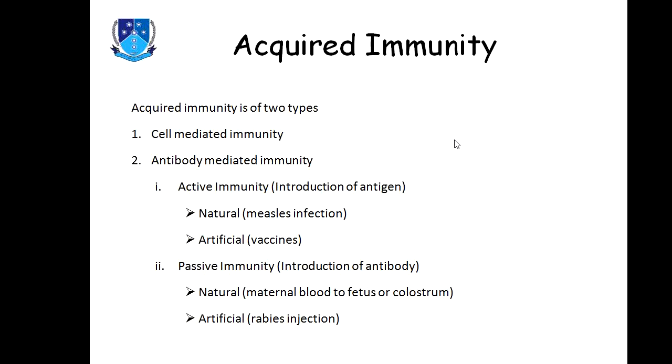So the first type of acquired immunity is cell-mediated immunity, which is provided basically by the T cells. The second one is antibody-mediated immunity, that is also called humoral immunity.